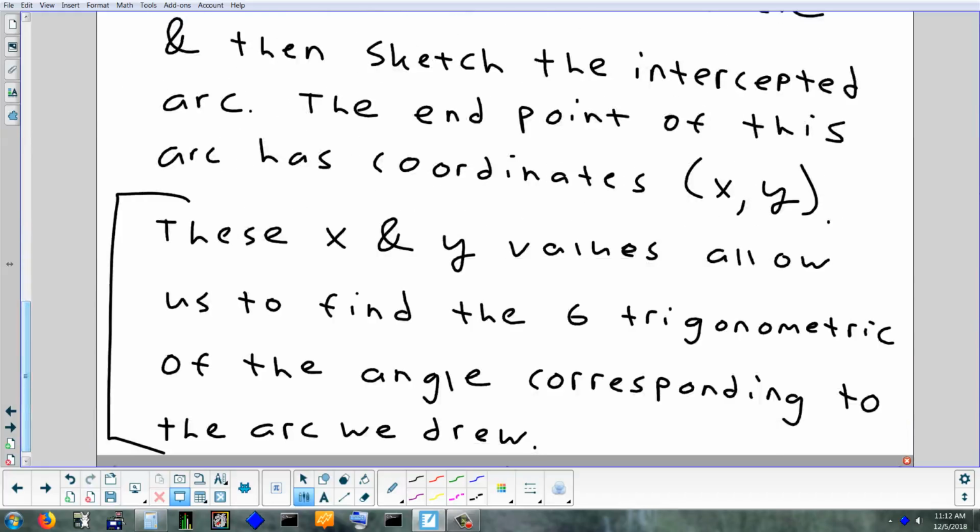Right now, we only know 4. We did 0, 90, 180, and 270. So once you find the coordinate for one of those 4 angles, then you can do all 6 trig functions of that angle. And we're going to talk next about what the 6 trig functions are.